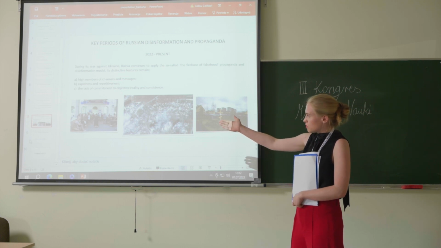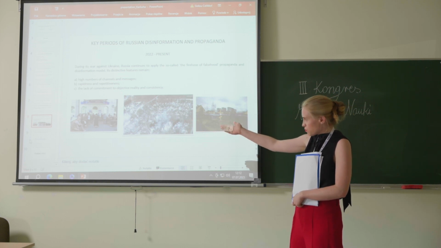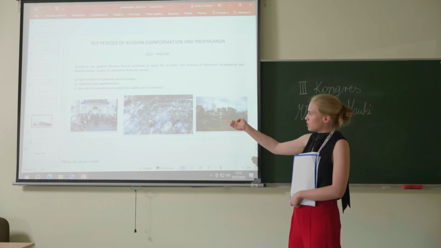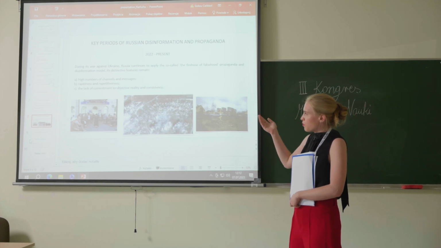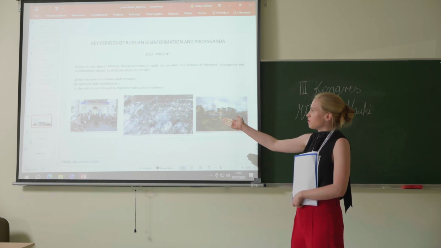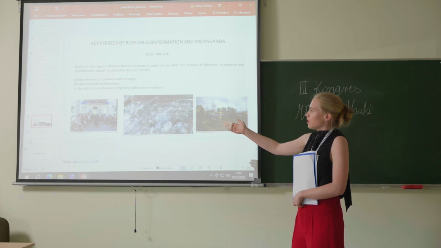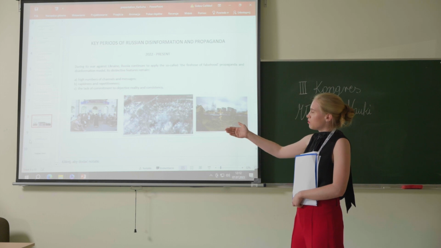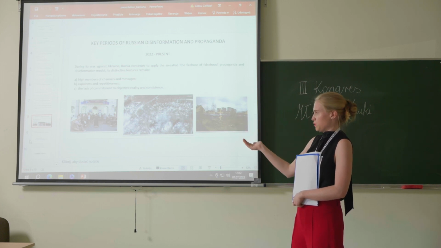This line shows that people are waiting for these passports to receive food, medicines, and water. But on Russian websites, it was presented as Ukrainians who are willing to join Russia, which is why they're waiting in the line to receive the passports.